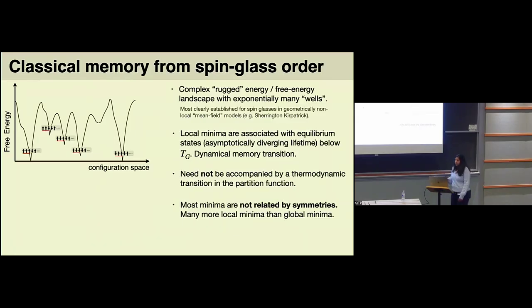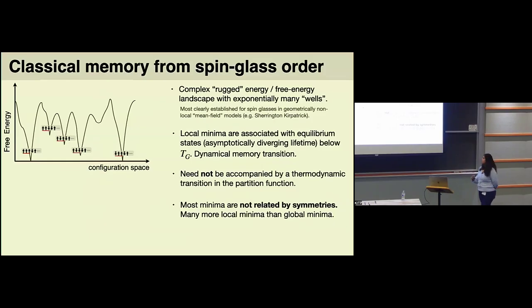Now these local minima are associated with equilibrium states, with asymptotically diverging lifetimes below some transition temperature, which is called the glass transition temperature. But crucially, this is a dynamical memory transition, which need not be accompanied by any thermodynamic phase transition in the partition function. The partition function can look completely analytic through this T_G, and this is well understood in the study of classical glasses.